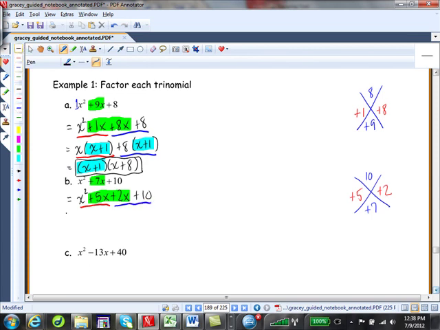This gives us x times x plus 5, and then plus 2 times quantity x plus 5. Again, red group and blue group. Notice we have a common binomial factor of x plus 5. So we factor that out, x plus 5, and then we have our x plus 2. That's like my a times my b plus my c in the parentheses.